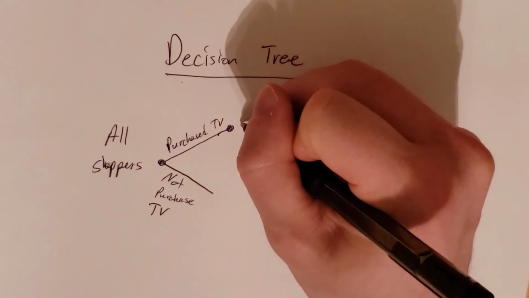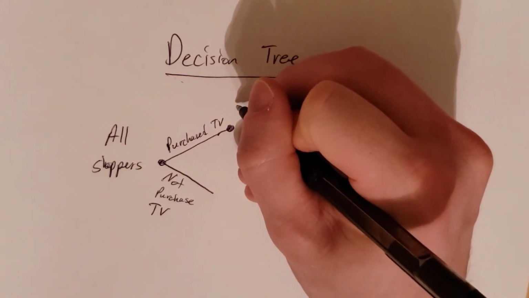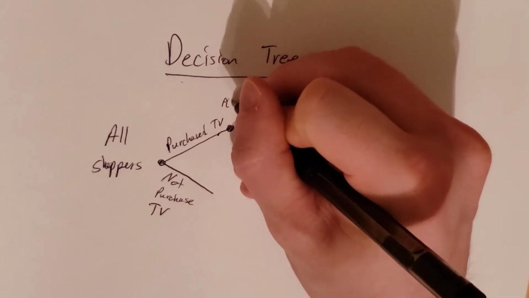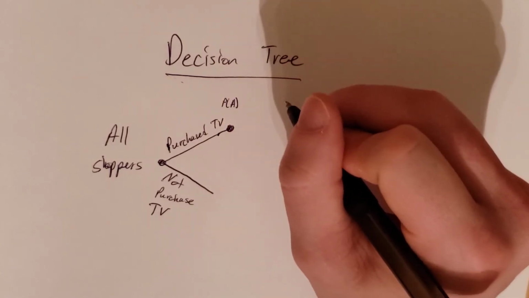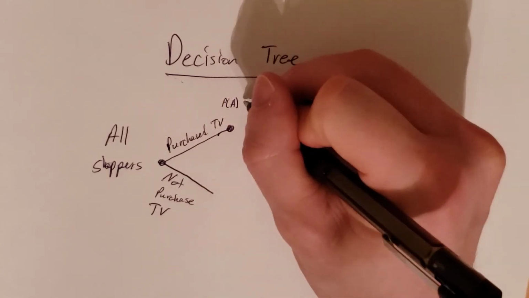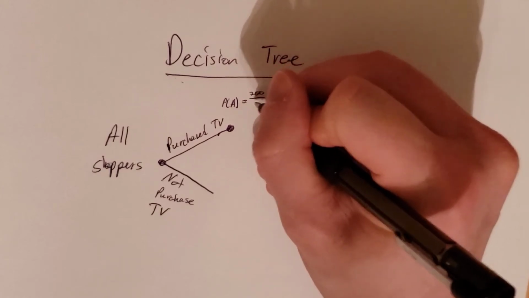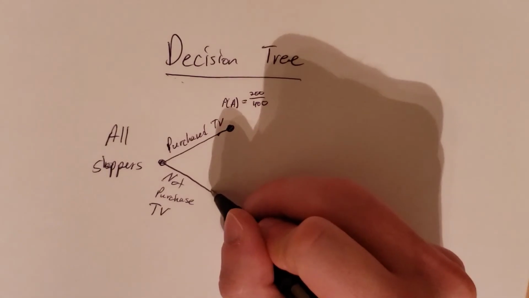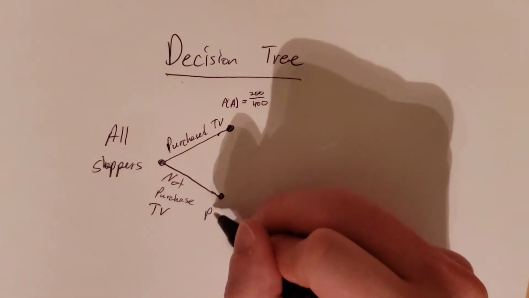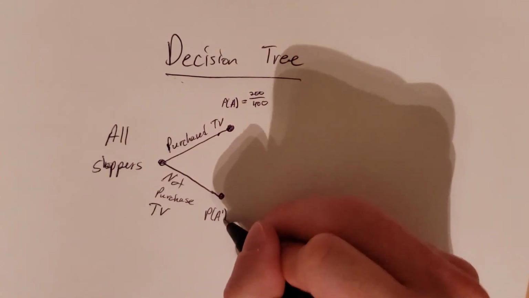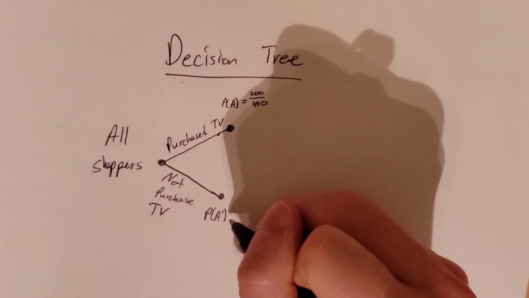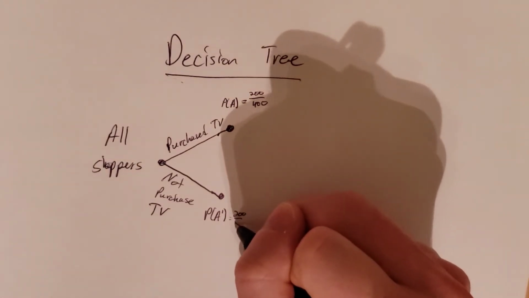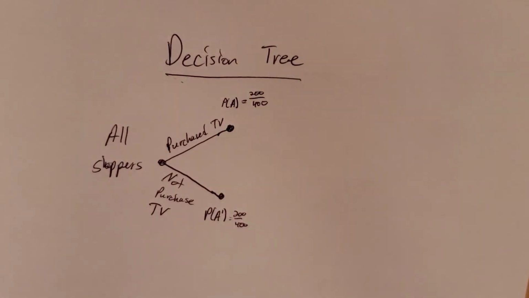So this is the probability of A, if we call A purchasing a TV, which was 200 out of 400. And the probability of not A, so A complement, which was also 200 out of 400, just looking back at your data set.